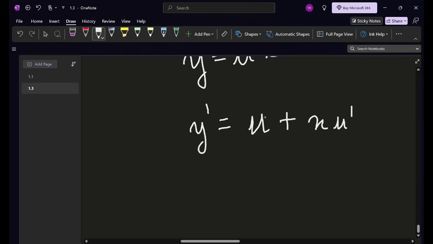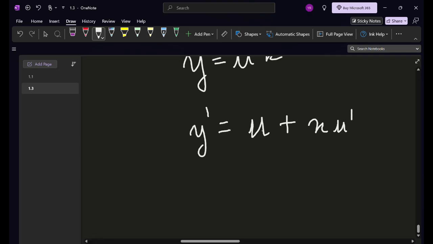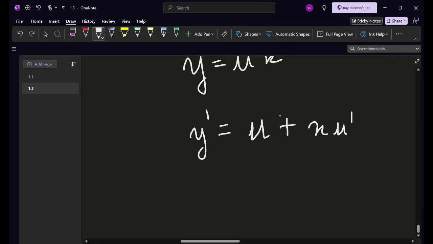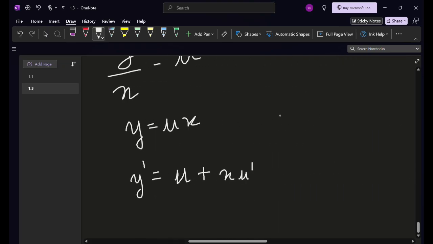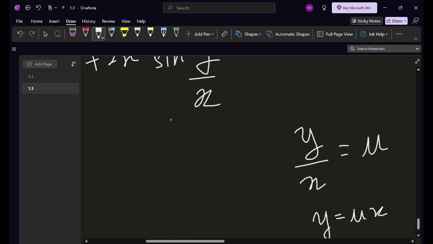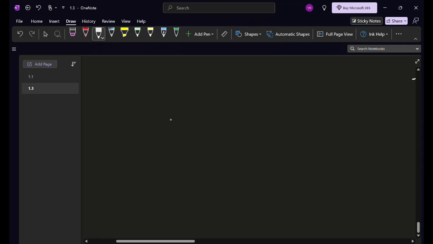This is how we have obtained the value of y dash. It is going to be same for basically all the y by x questions. y dash is equal to u plus x u dash, this is done by the product rule of differentiation.